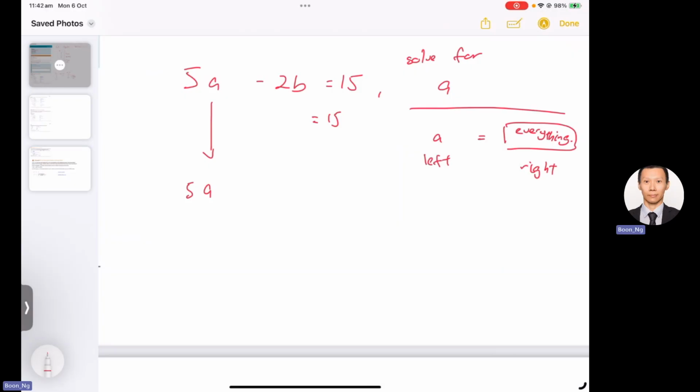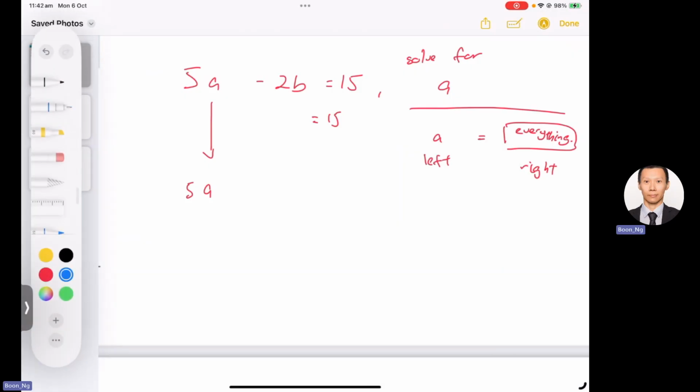And this we just move across. Negative 2b would be plus 2b. Then we copy down, because what we need is 1a.